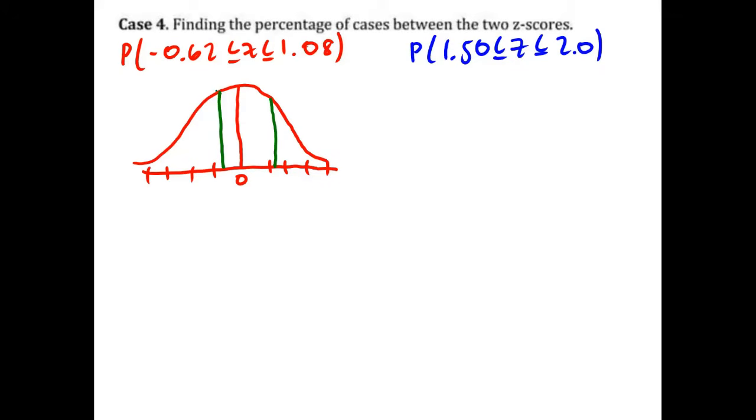Since we are talking about z-scores, meron tayong dalawang z-scores. Meron tayong gitna. So gitna palagi yan. Okay? Dumaan sa 0 yung ating shaded part. Ibig sabihin lang nun ay pag-plus lang natin yung 0.62 at yung 1.08.